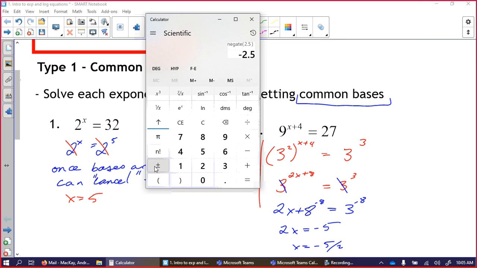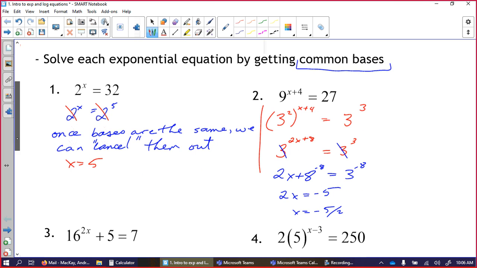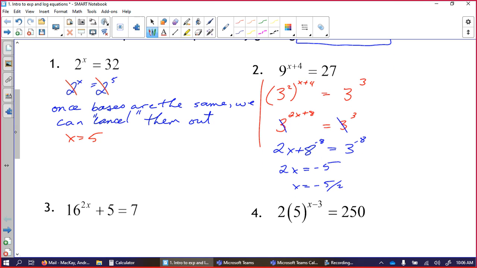Throw a negative sign on there. Plus 4 gives that. 9 to the power of 1.5 is 3 cubed, 27. So you can go back and check a lot of these, just like any equation.